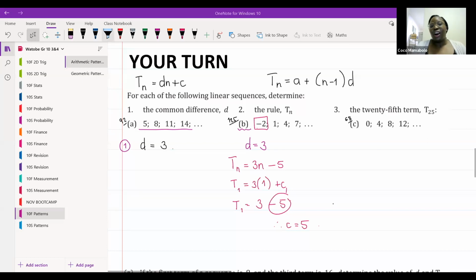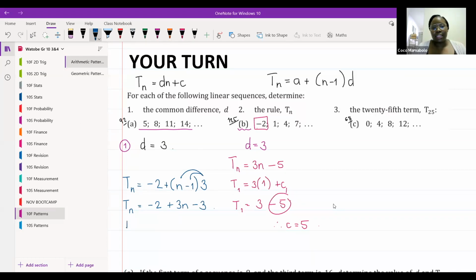Okay. All right, so if you use the other formula, you can say that Tn is equal to, now my first term is -2, so I'm going to say -2 plus, open brackets, n minus 1 multiplied by 3, which is our common difference. And then I'm going to distribute. So I should then get Tn is equal to -2 plus 3n minus 3.